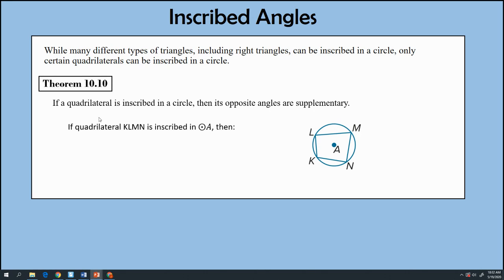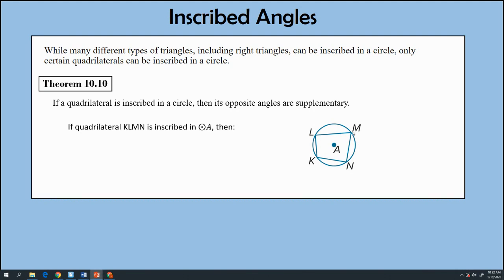It's kind of interesting when you look at it. So here is our circle, obviously circle A, and here's our inscribed quadrilateral KLMN.